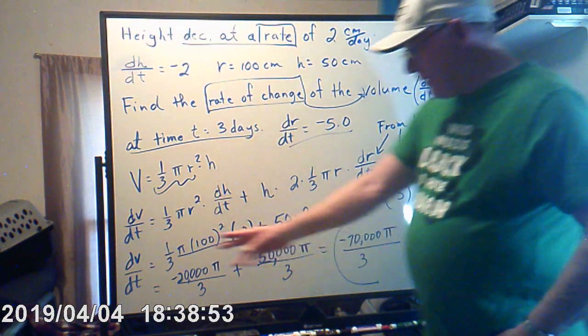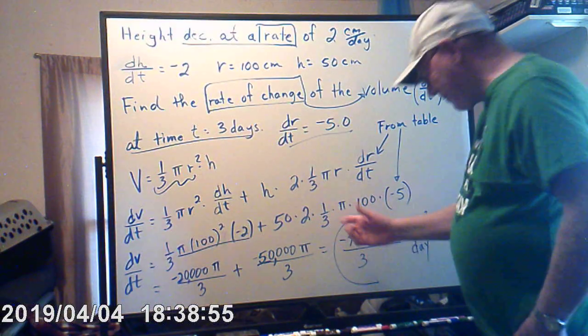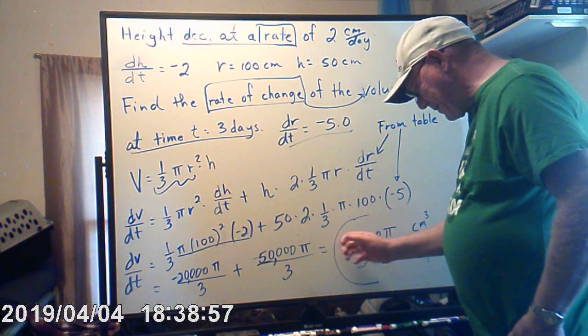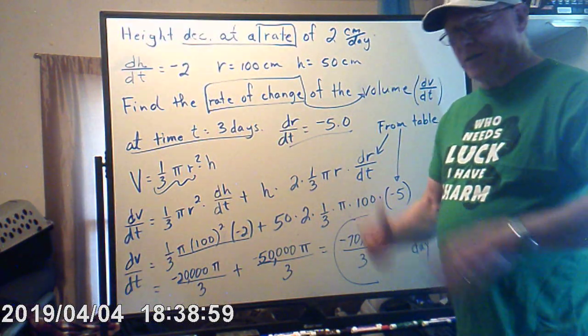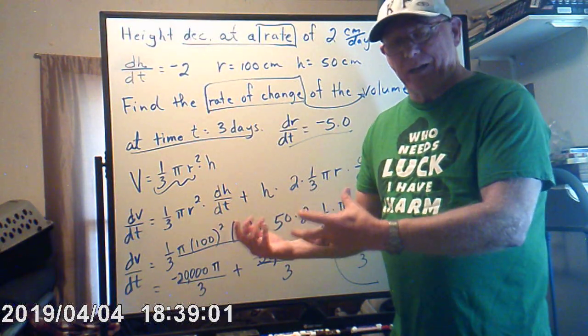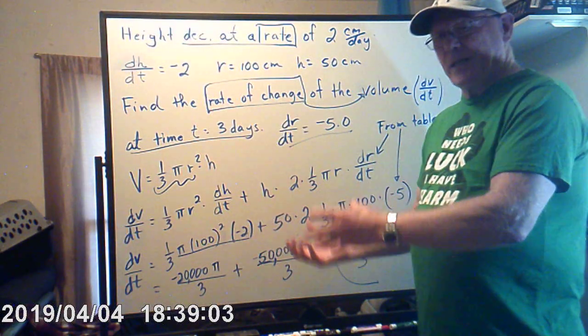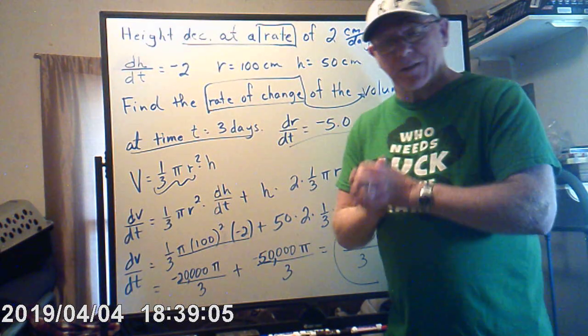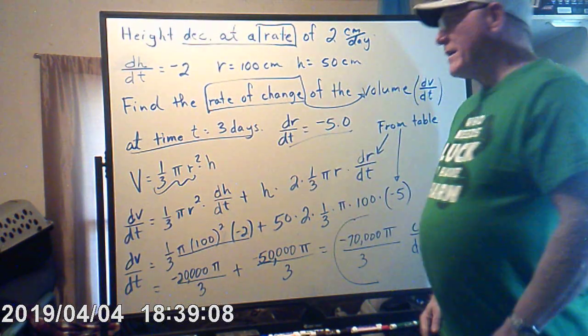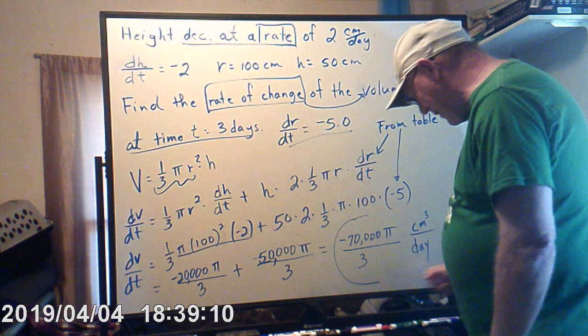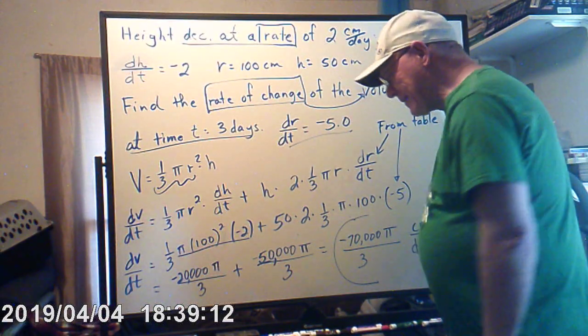If you say dV over dt is decreasing at a rate, you simply put this down without the negative sign, because the decreasing is already the negative sign. Just make sure you do that correctly. Either way, if you just leave it like this, you're fine.